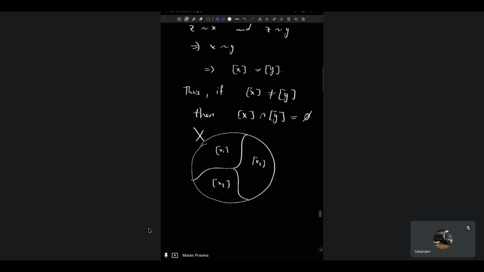So if you want to get exactly this drawing in a concrete example, take the integers and the equivalence relation is modulo 3.